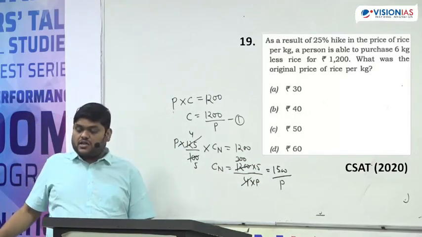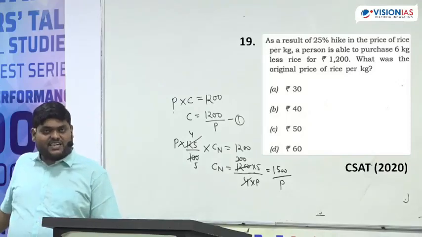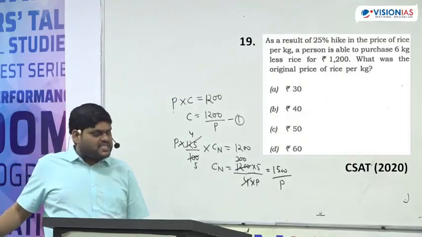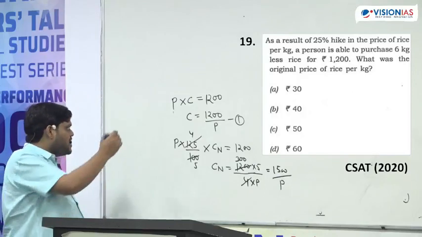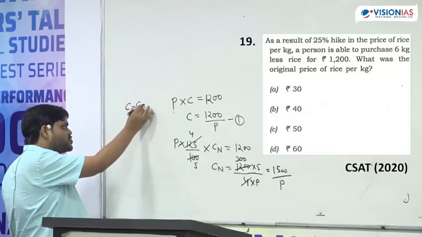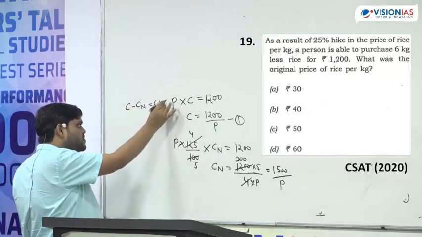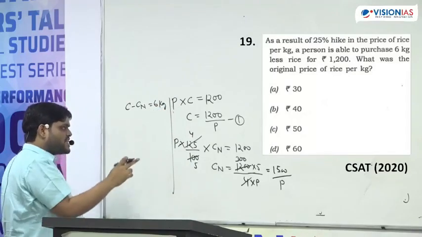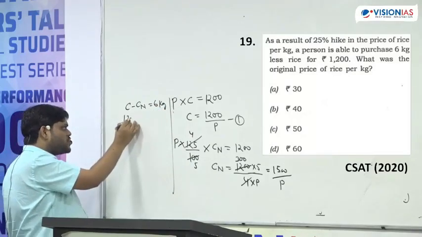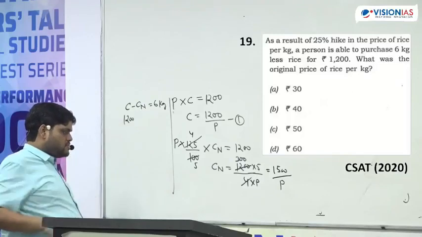Now what is the question? Now after the price increase, the person is able to purchase 6 kg less. That means C minus Cn is equal to 6 kg.